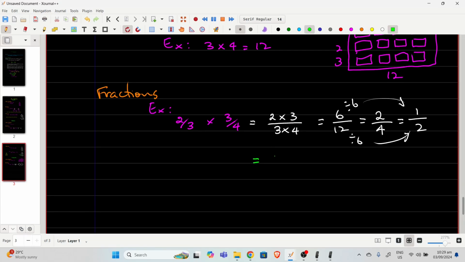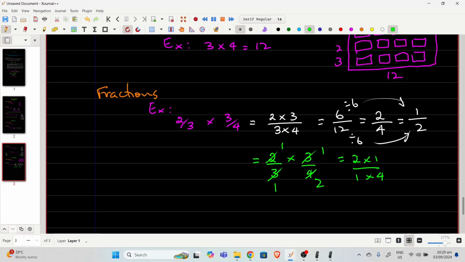Then we have the cancellation method. So we're going to have the 2 over 3 and the 3 over 4, and we're going to cancel any factors that are common to the top and the bottom. So 3 divided by 3 is 1, 3 divided by 3 is 1, and then I have the new problem, which is 2 by 1, 1 by 4. I can also cancel the 2 with 2 divided by 2 is 1, and 4 divided by 2 is 2.